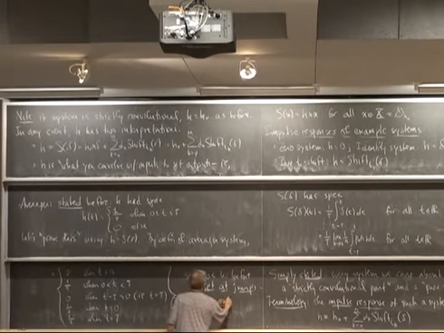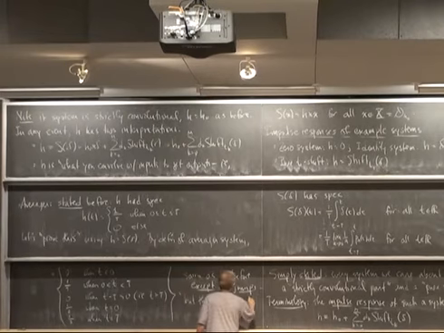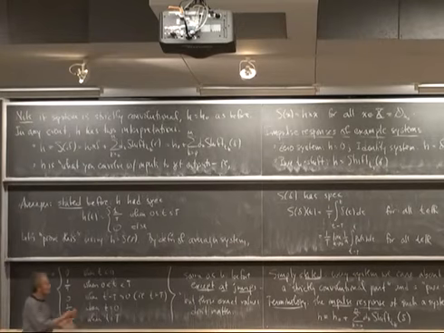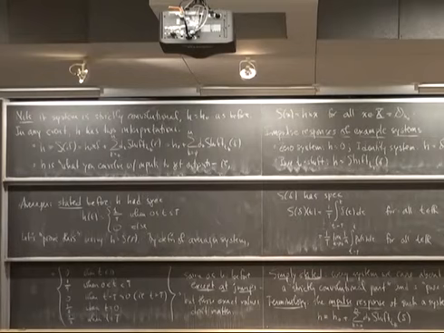Those exact values don't matter, and that's a point I tried to emphasize when we first talked about signals. So if you ever do this kind of manipulation and you come up with something that disagrees with the previous answer you got only at jump points, that's nothing to worry about. And that's what we've got here.